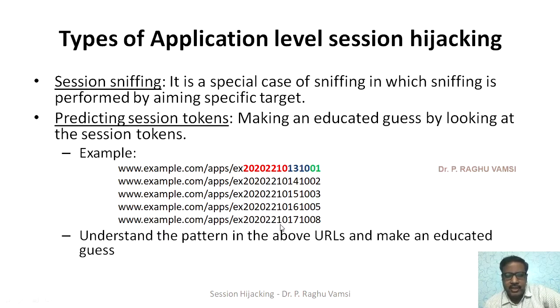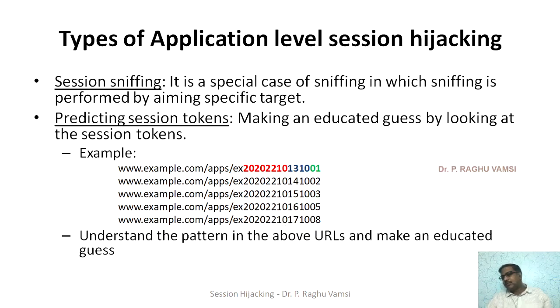If the attacker tries to get the information on the next day, say for example today, it may be 2020 2310, and it may start with maybe 1010 and it may go on. The tokens may increment in the above mentioned manner. This is the way session IDs may be generated, but this way of session ID generation may be easily predictable because the patterns are fixed.